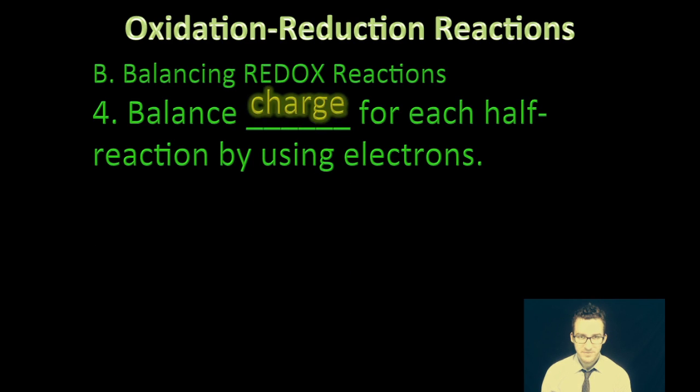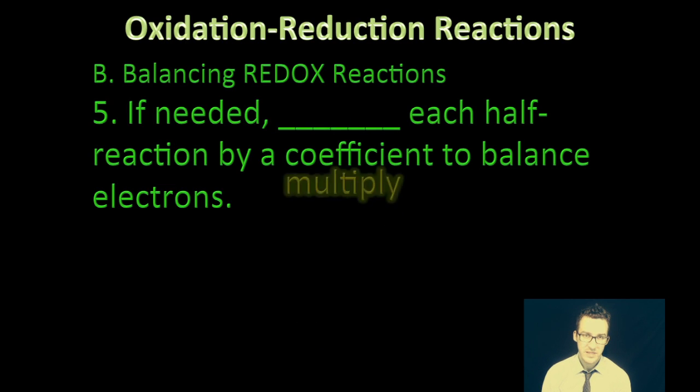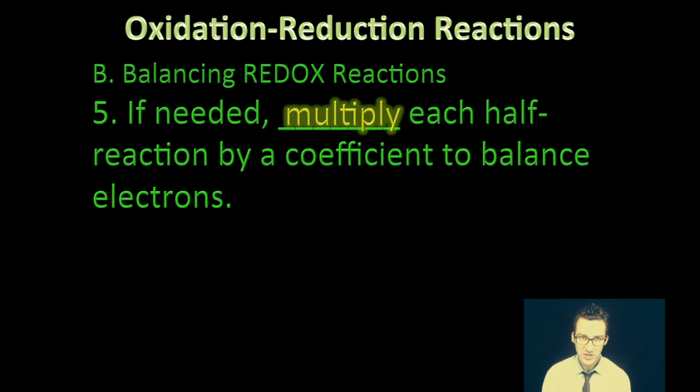Step 4, you have to balance the charge for each half reaction. So again, as we look at these redox reactions and the half reactions, one of the reactions is going to show the loss of electrons, the other is going to show the gain of electrons, and it's important that you have a balanced charge in addition to a balanced mass. Step 5, if needed, as you're working, you may have to multiply one or both of the half reactions by a coefficient to balance the electrons.